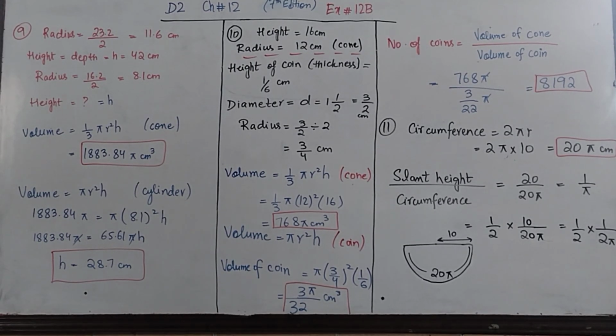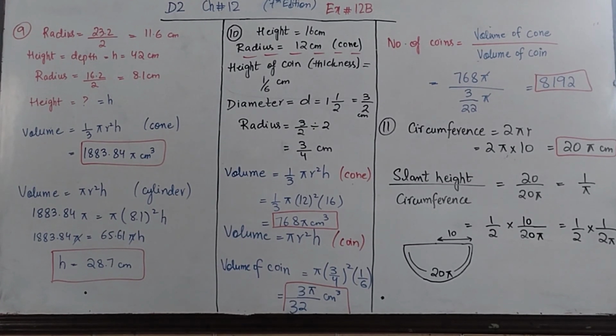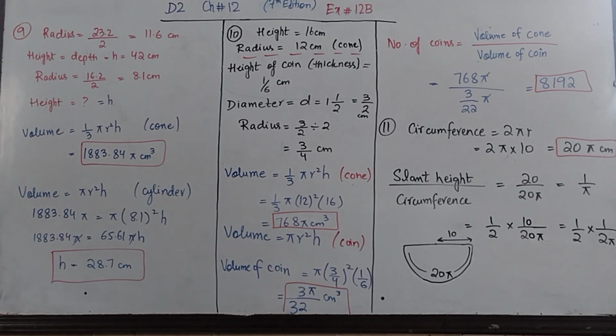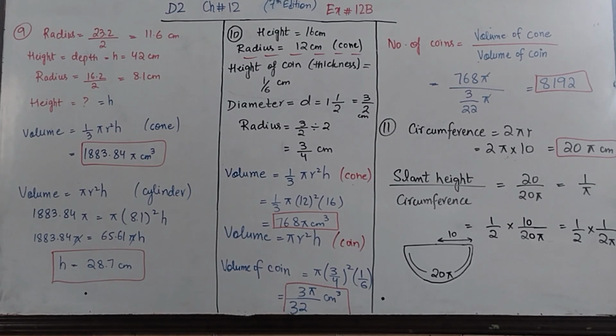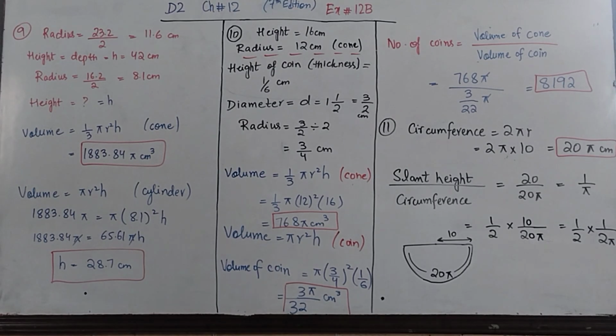Next you have to find the volume of the coin. Coin is cylindrical, so put the formula of the cylinder. Volume of cylinder is equal to pi r square h. This is the answer for the volume of the coin. Next you have to find the number of coins. How many coins? For this you have to divide the volume of the cone by the volume of the coin.